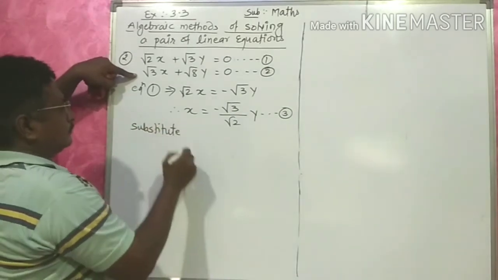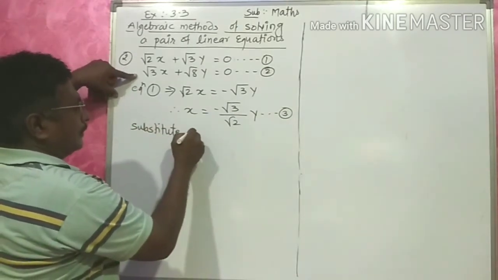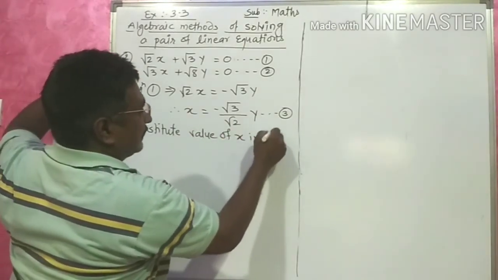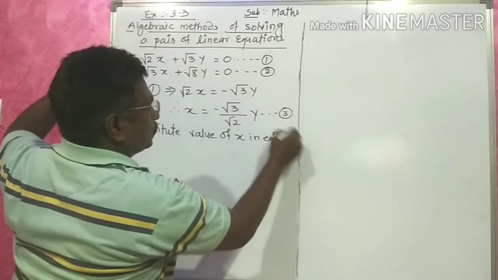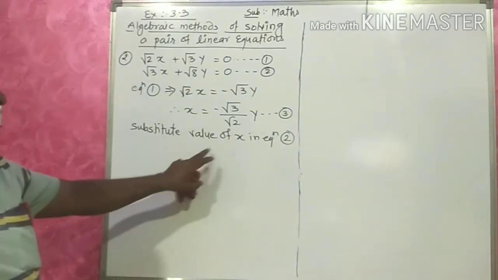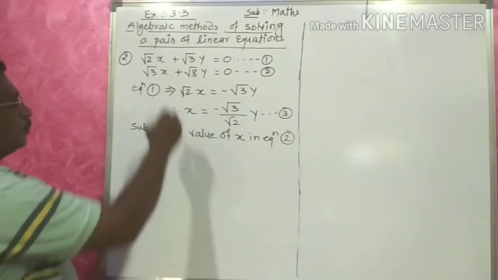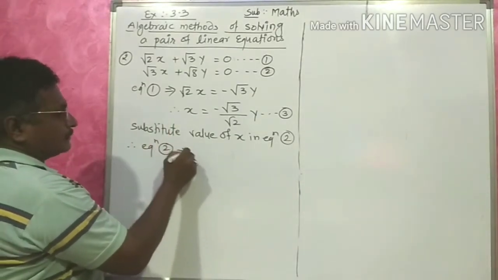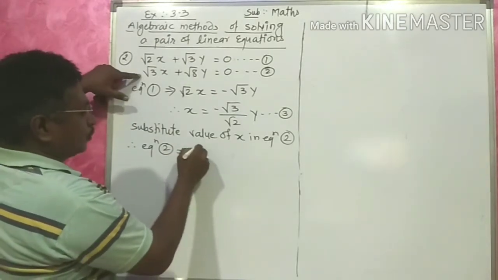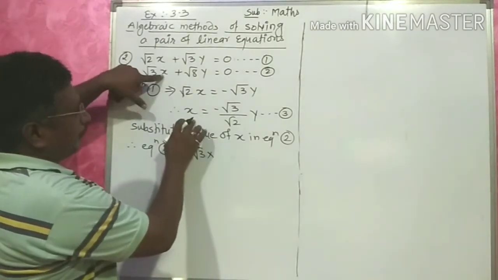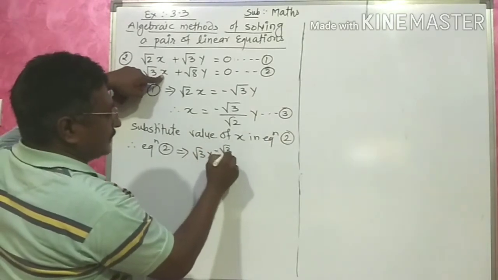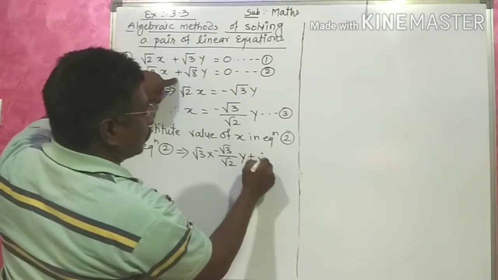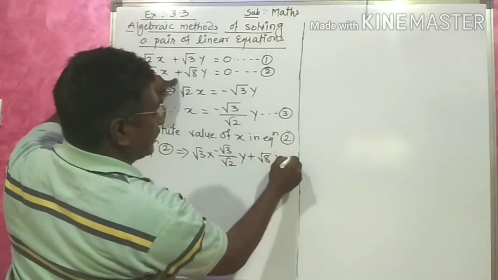Substitute the value of x in equation 2. So equation 2 becomes: root 3 into the value of x, minus root 3 by root 2 into y, plus root 8 y equals 0.